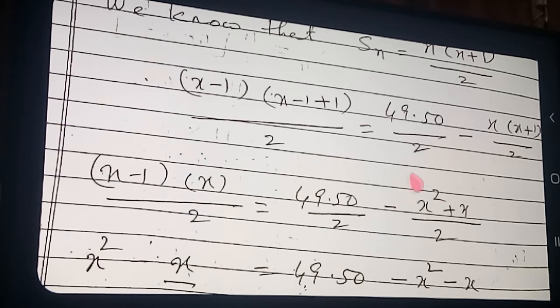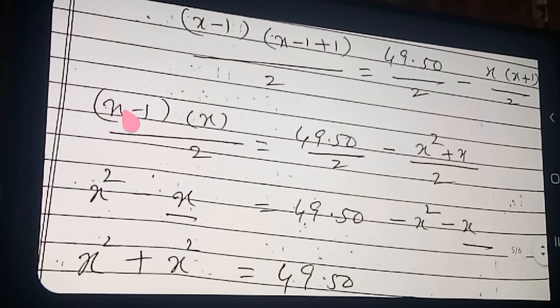Here also I opened the bracket: x into x gives x square, minus 1 into x gives minus x. And here 49 into 50 as it is. Here also the minus goes inside: minus x square minus x.